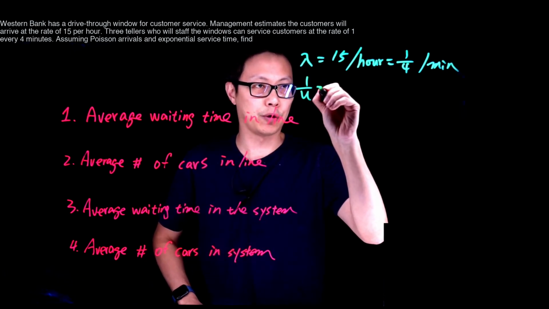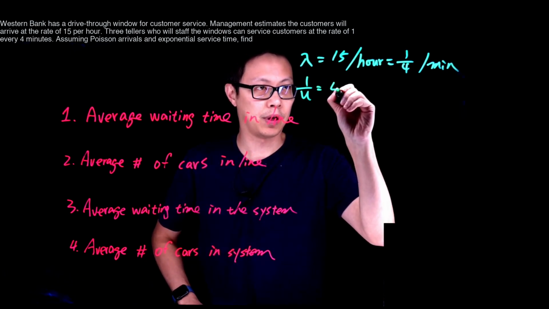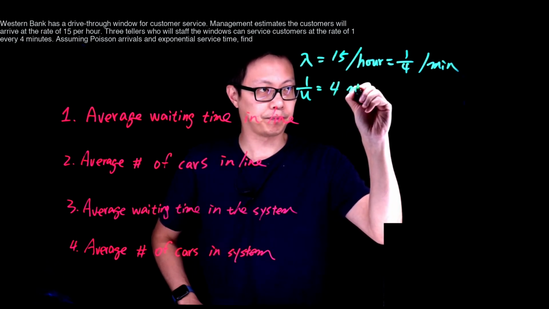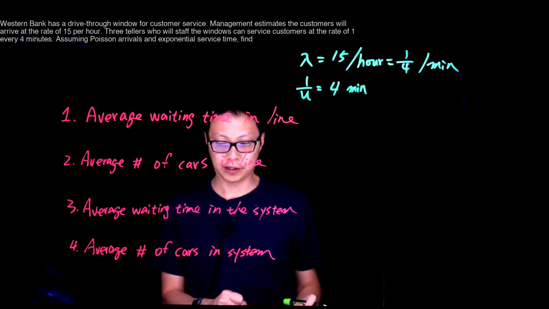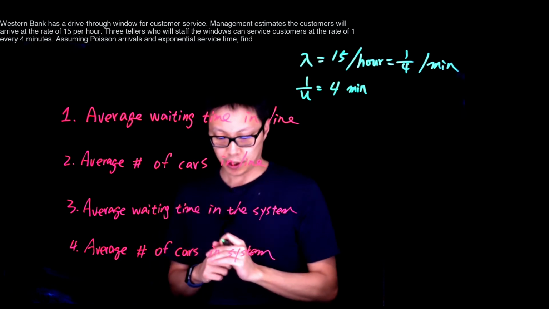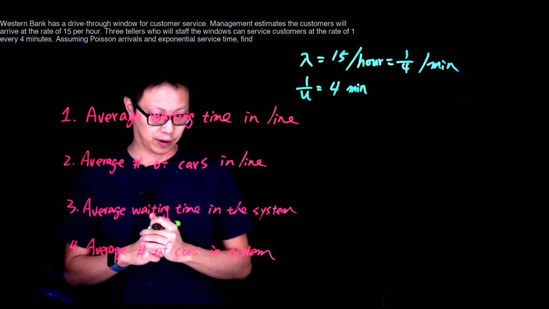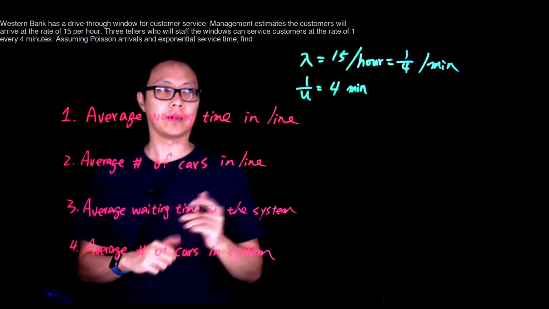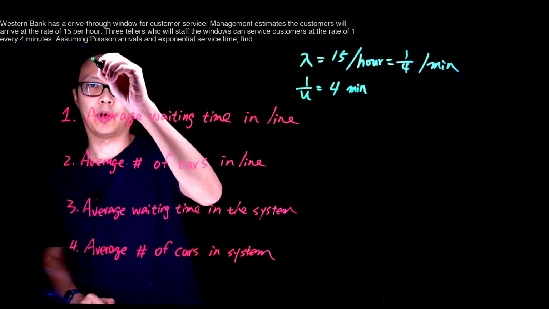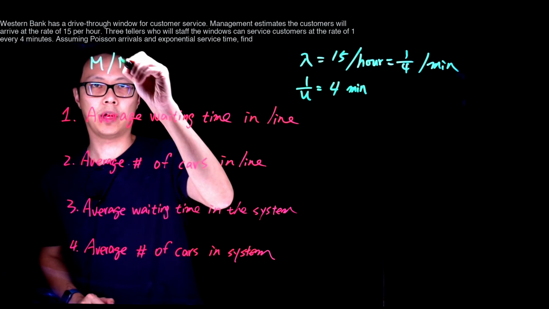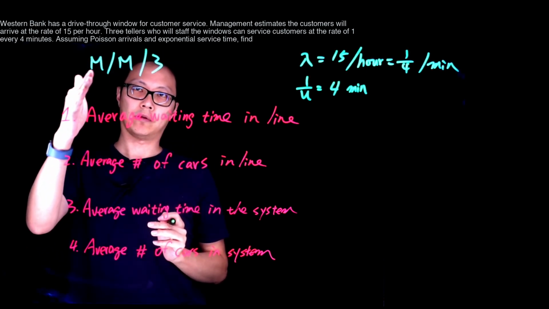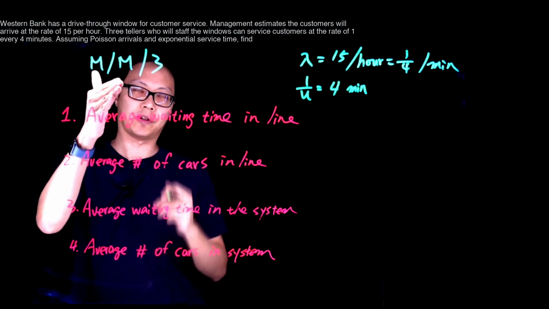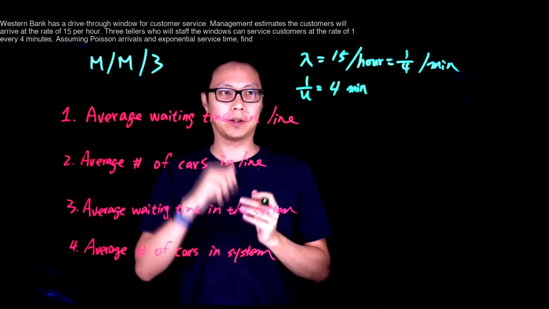So 1 over mu will be 4 minutes. But here we have 3 tellers. Okay, so basically we will have 3 servers. And we again have a Poisson arrival and exponential service time. In other words, in this example, we have a typical MM3Q. So a Poisson arrival, exponential service time, and 3 servers.